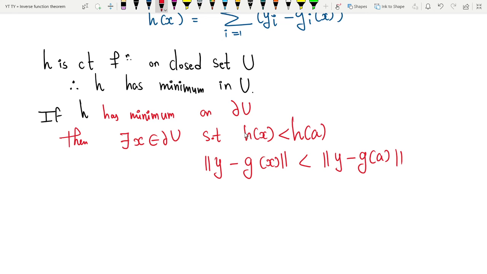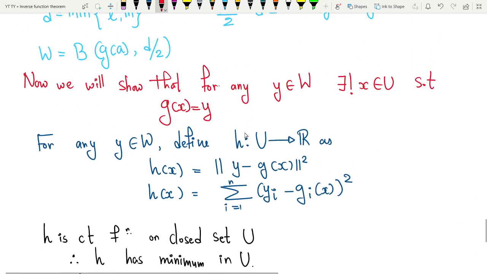Right? And where did this y come from? y was any point in W. Right? Now if you observe carefully, my y minus g(a), and y is an element of W. How is W defined?